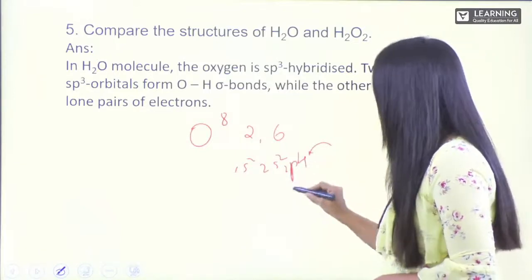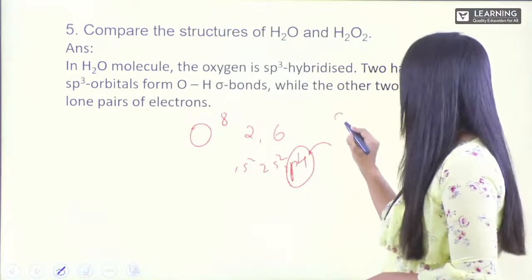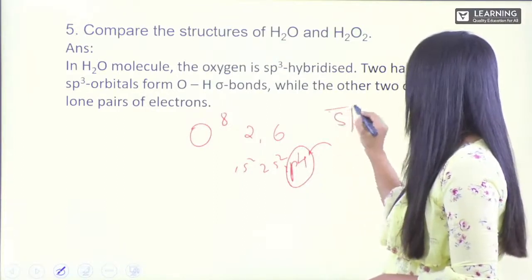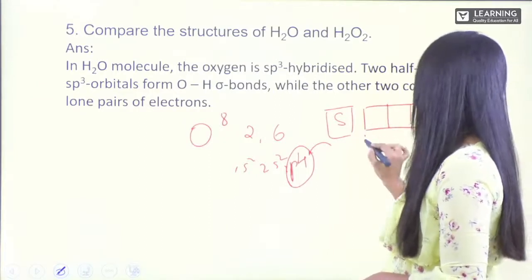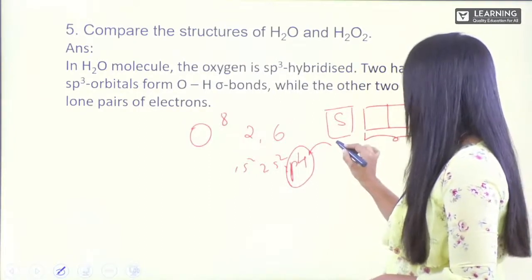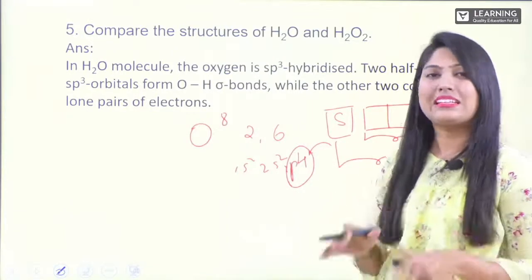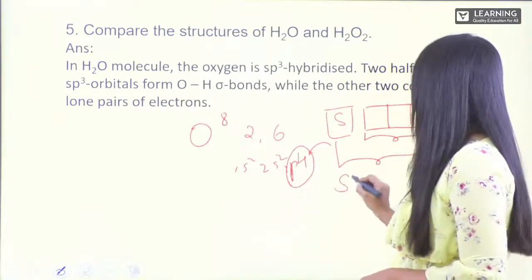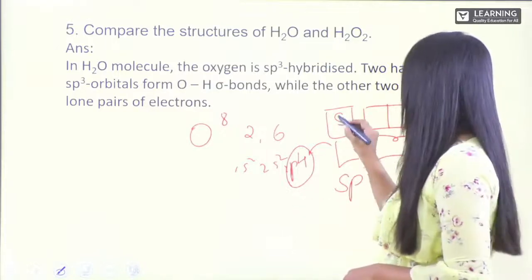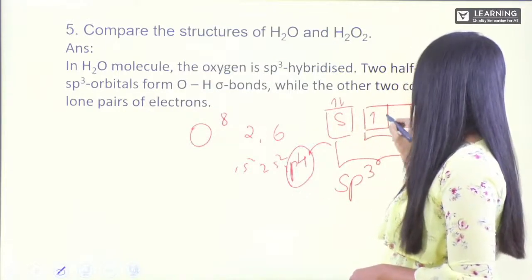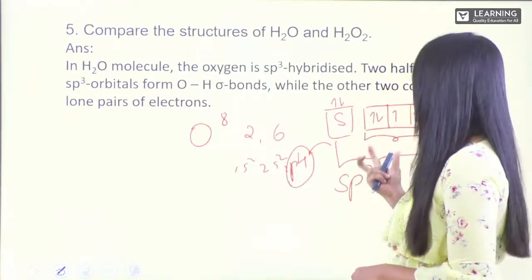So the s and the 3 p orbitals will combine together and redistribute themselves to form the sp3 hybrid orbitals. That means the s orbital has 2 electrons and the p has 4, so it will recombine and redistribute.